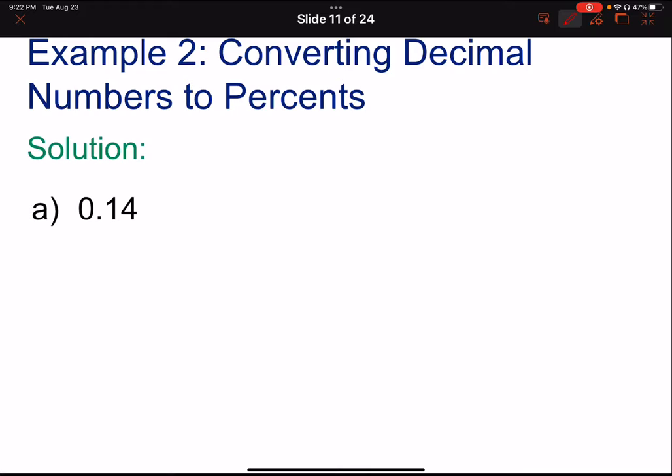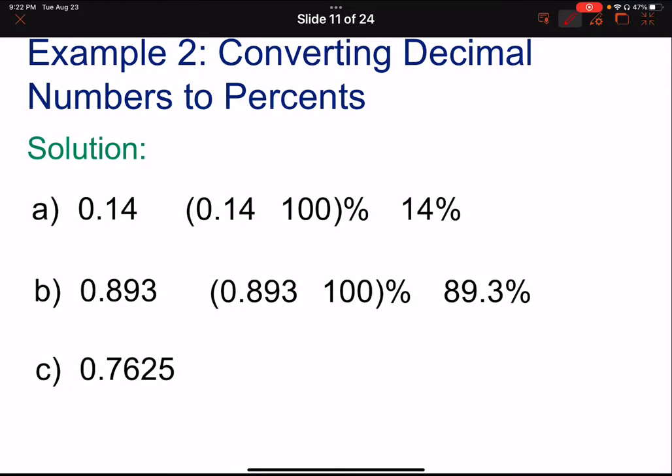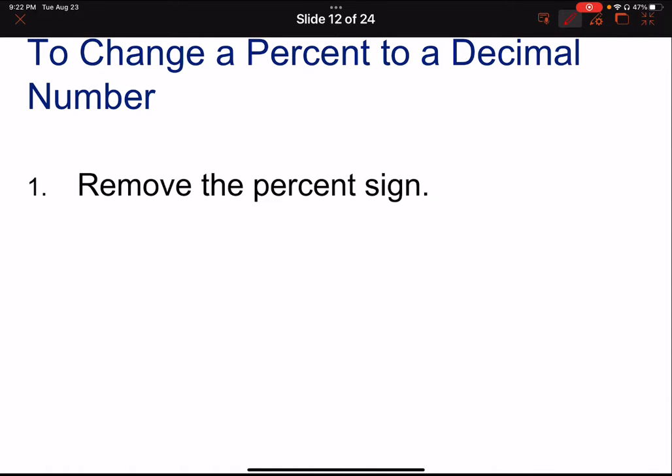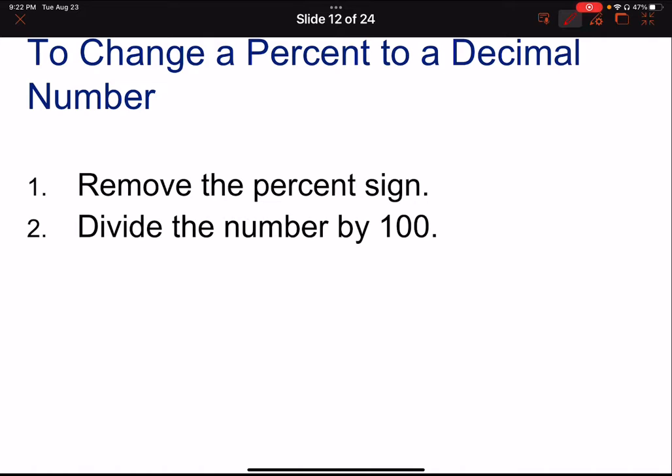Now, how about going backward, converting a percent to a decimal number? Here are the steps. Remove the percent sign, divide the number by 100. Really, it's just applying x% equals x over 100.